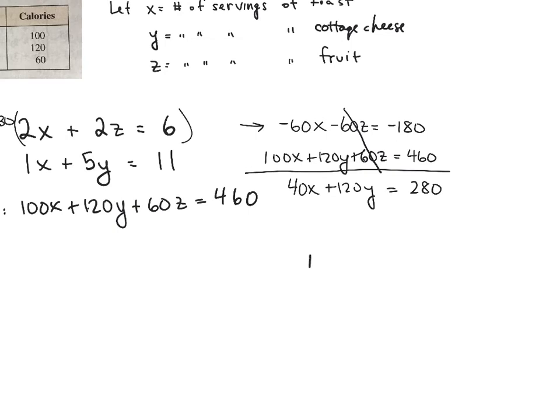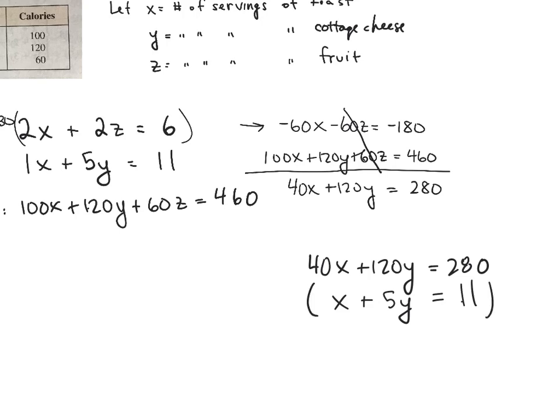So if I take the result from step 1, 40x plus 120y equals 280, and combine it with equation 2, we can do elimination method now to eliminate one of the other variables. So if I want to eliminate x, for example, I would multiply by negative 40.